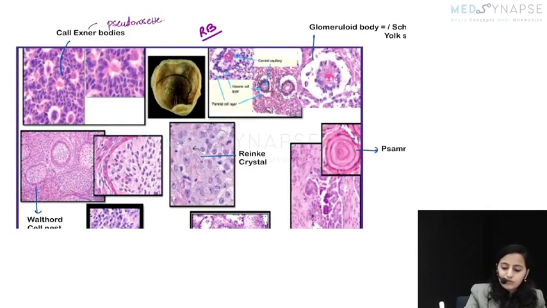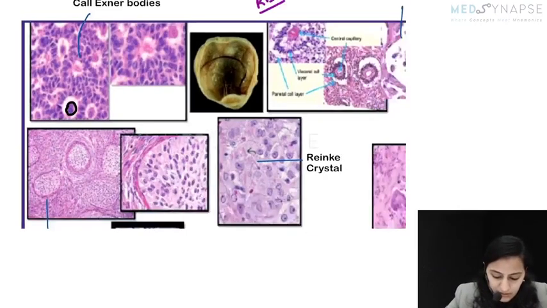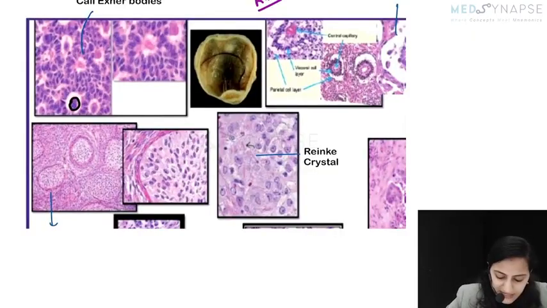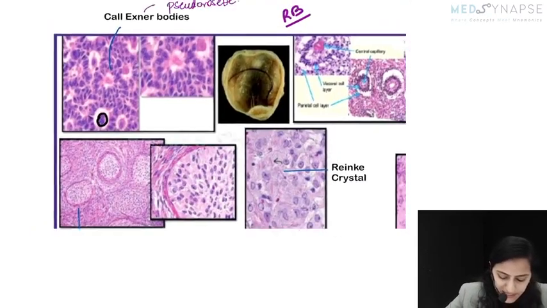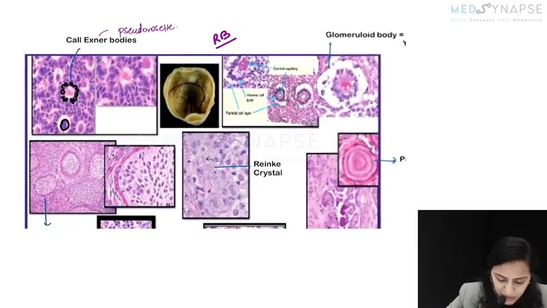Paul Exner is pseudo rosette. When I say pseudo rosette, basically means कि इसका center खाली नहीं है. So pseudo rosette, basically in the center there will be this pink material, and surrounding that you will see the cells arranged. That is pseudo rosette appearance. The nuclei will have the coffee bean appearance.